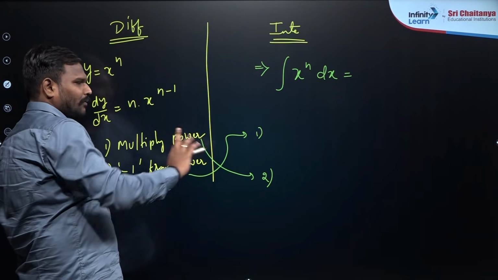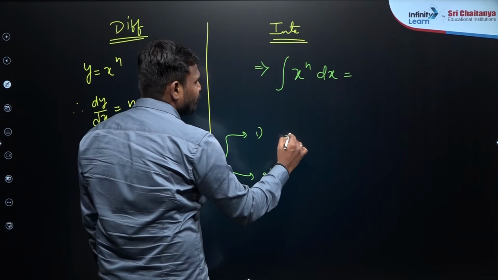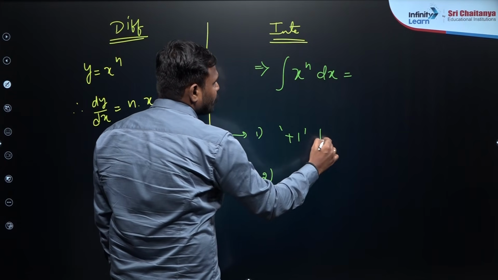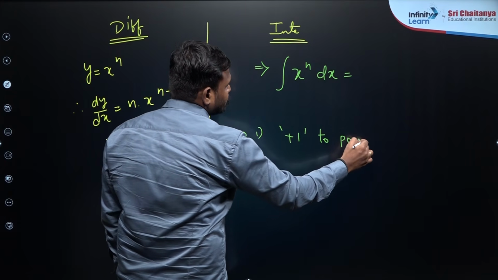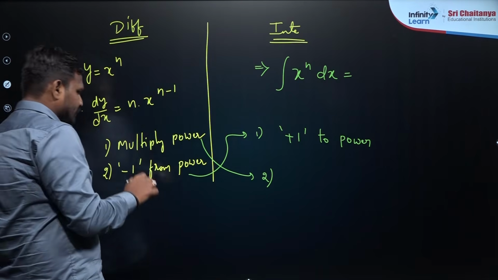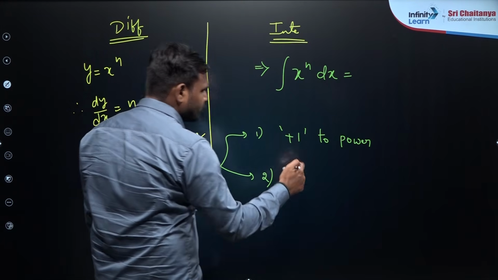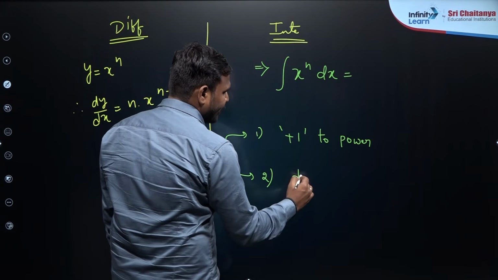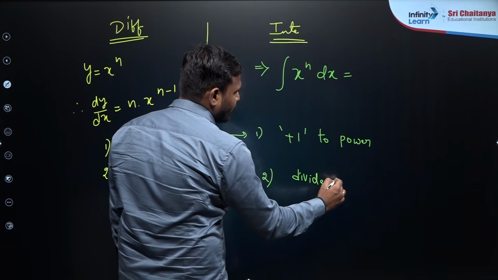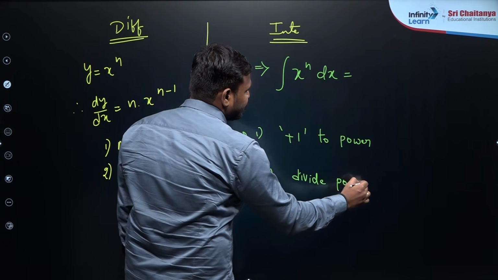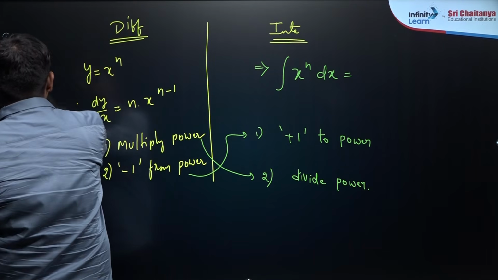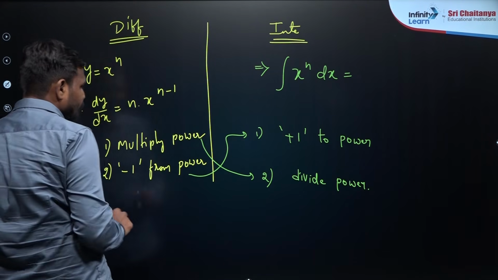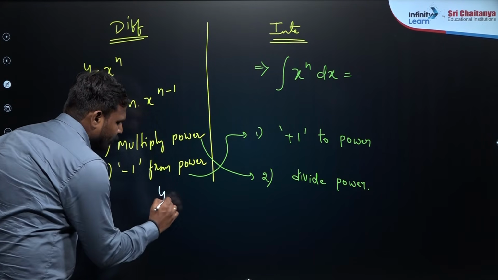Subtract 1 from the power; the reverse of that is add 1 to the power. Next, multiply the power. Reverse of this, sir? Correct, divide the power.